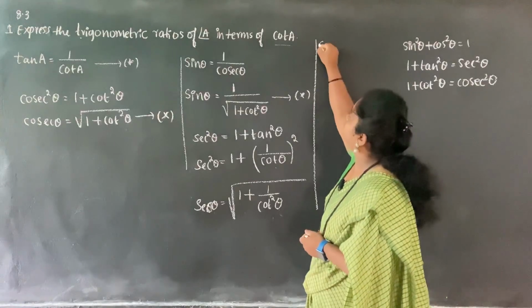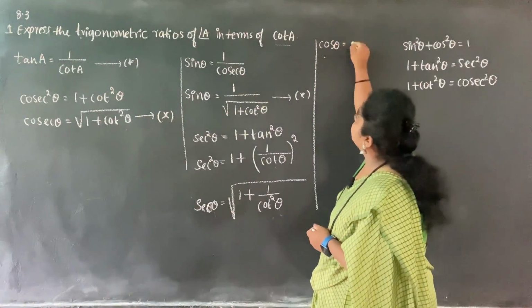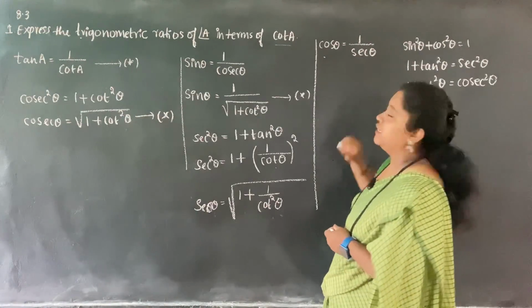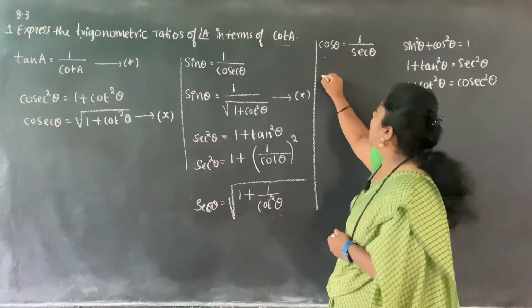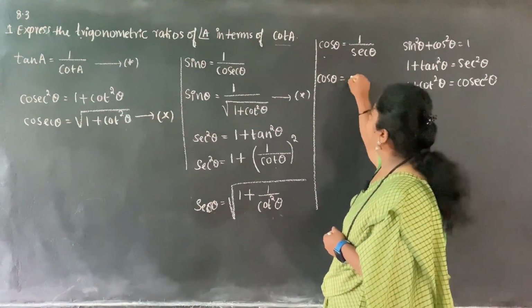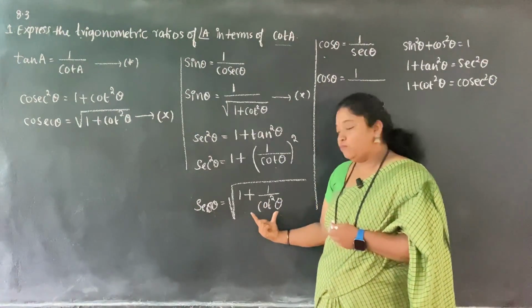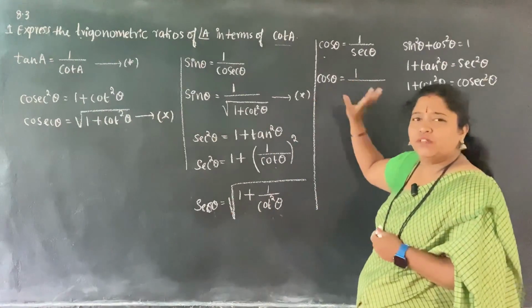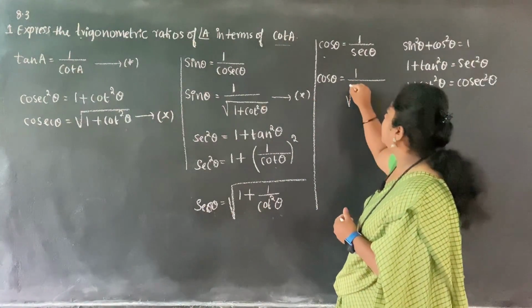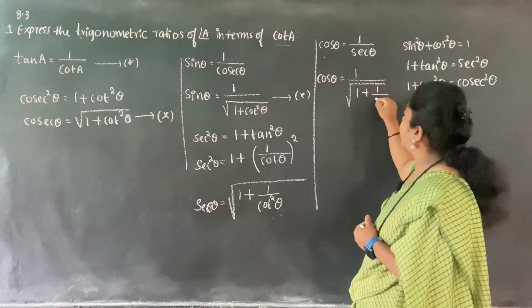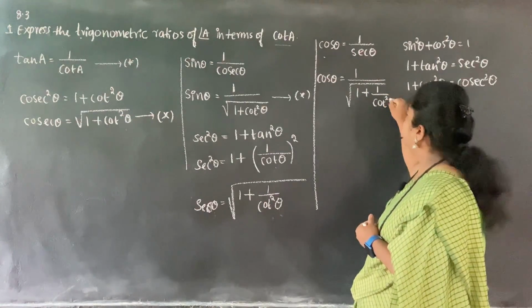So what I am going to write here, cos theta is nothing but the reciprocal of sec theta. Fine. So now cos theta is equal to, dear, already you have represented sec theta in terms of cot. Just substitute this one there. So what I'll be having, 1 divided by root of 1 plus 1 by cot square theta.